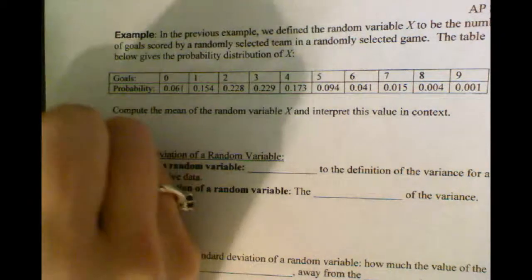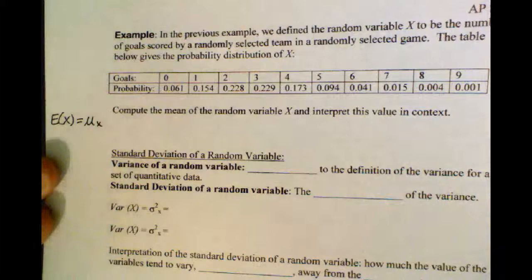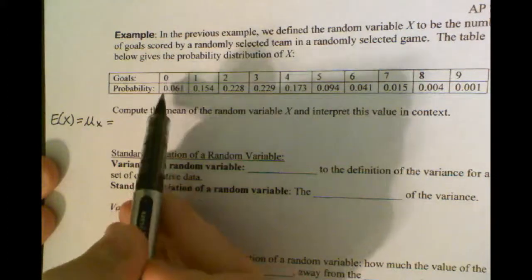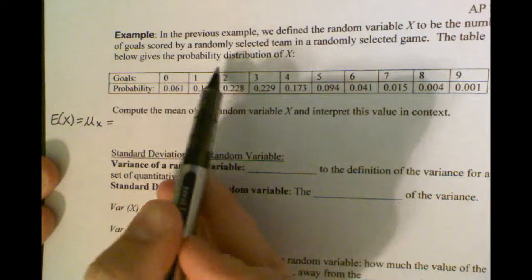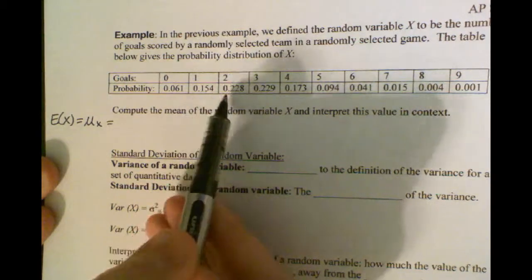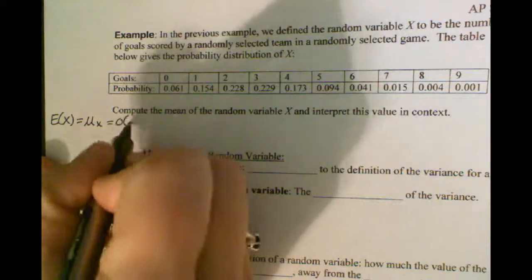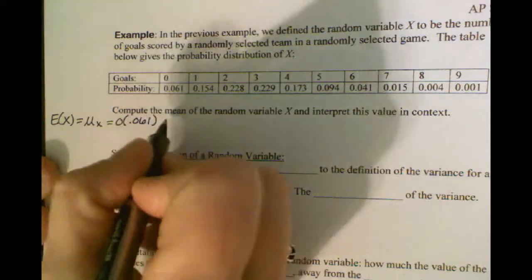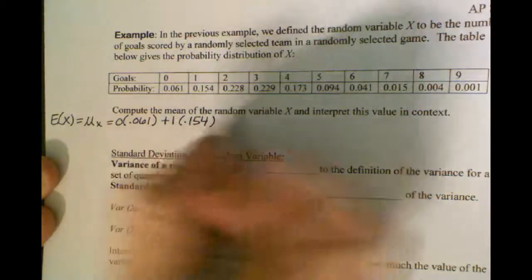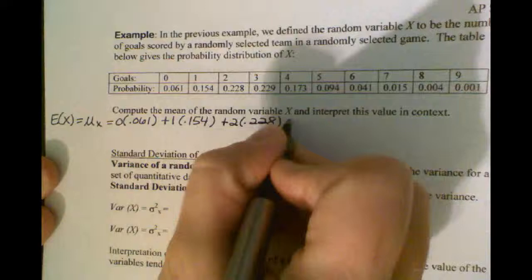So we could write E of x, or mu sub x, and then I'm just going to take this x times its probability, plus 1 times its probability, plus 2 times its probability, plus 3 times its probability. You get the idea. So I'm going to write 0 times 0.061, plus 1 times 0.154, plus 2 times 0.228.